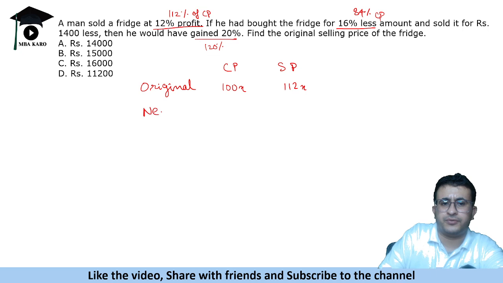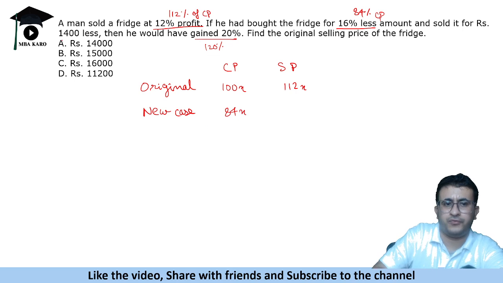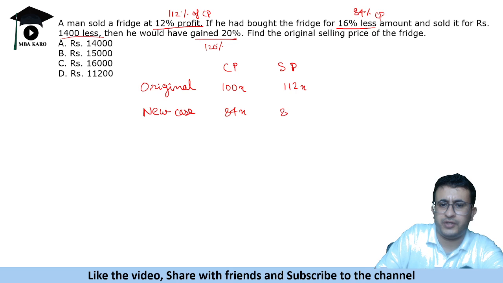Now in the new scenario, he bought for 16% less, so he bought for 84x and sold it for 1400 less than this.